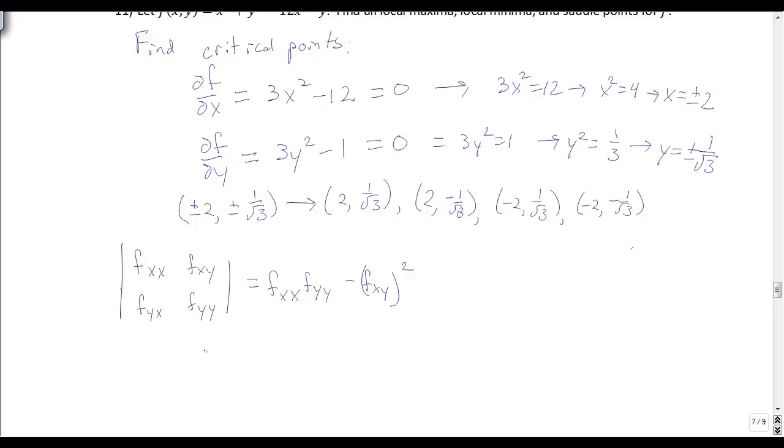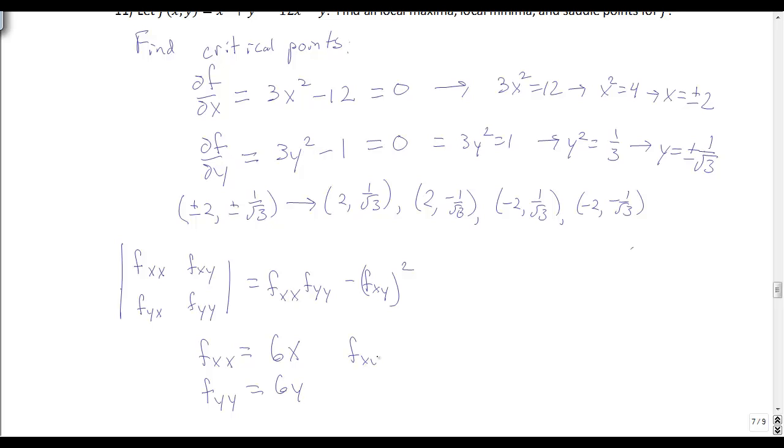To do that, fxx is a partial of f with respect to x, really taking a partial twice. So I take my partial f with respect to x, take another partial with respect to x, that's 6x. fyy is a partial with respect to y of the partial with respect to y, which gives me 6y.